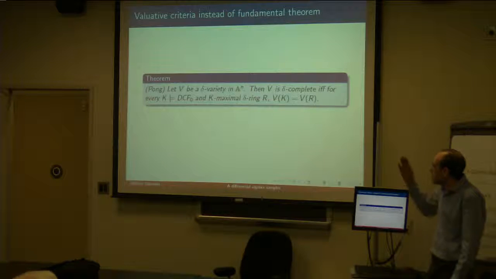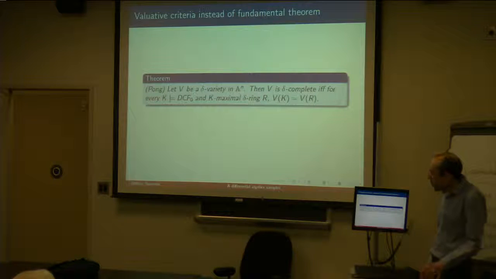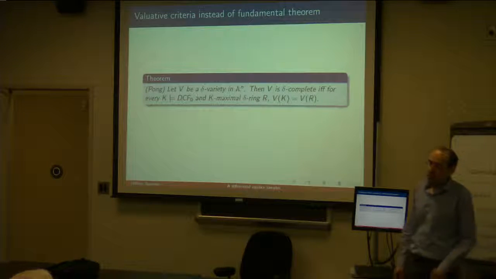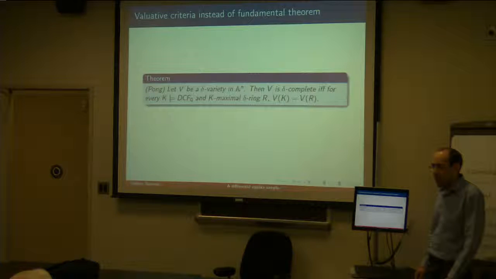Pong stated this for affine varieties and showed that the variety is complete if and only if, when you have a model of a differentially closed field and a maximal delta ring, the K points of your variety exactly descend to points in this maximal differential ring.